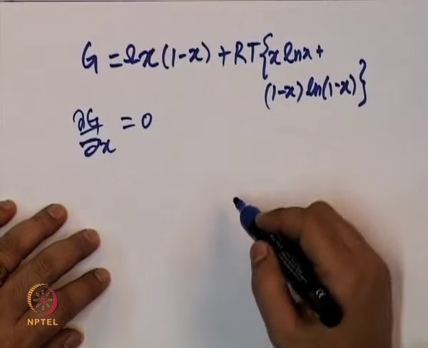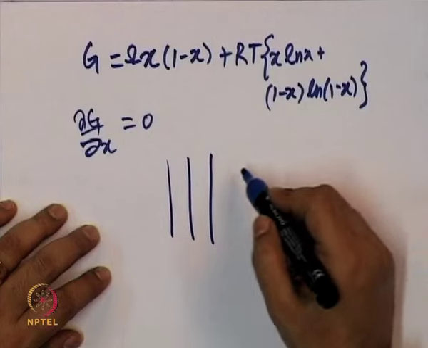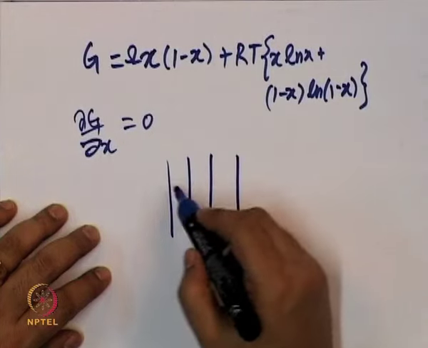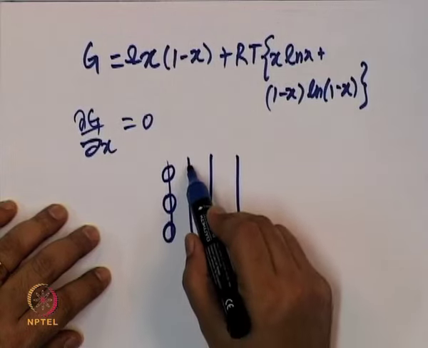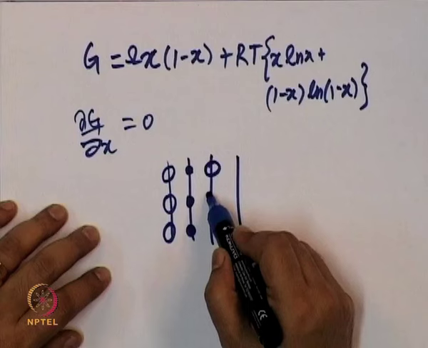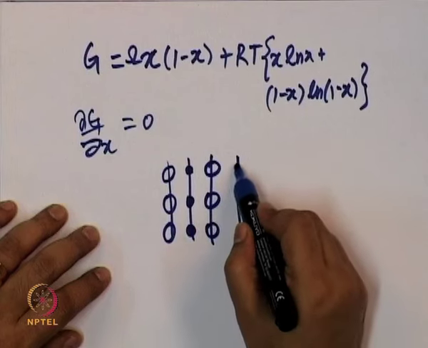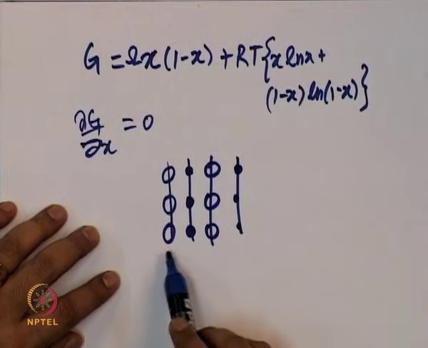Now, the natural conclusion that you derive from this process is that if you have a system with A and B atoms that are going to phase separate in the spinodal, then you will see all A atoms on one plane, all B atoms on the next plane, all A atoms on the next plane, all B atoms on the next plane, etc. So, this is like the ordered structure.